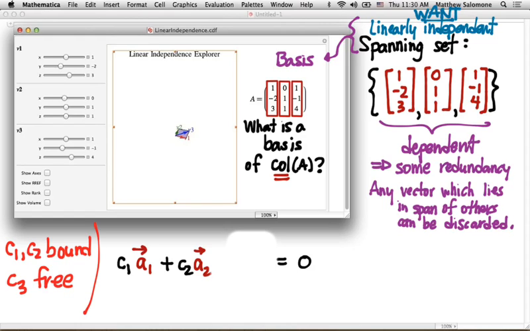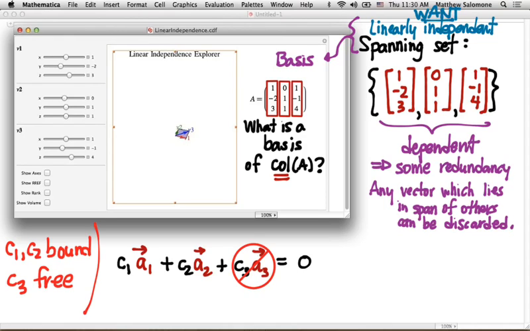So the point of finding a basis is we're going to take our columns, our vectors, and figure out which one of them corresponds to free variables and then just ditch the ones that corresponded to free variables. And once I've ditched all the free variables, now I'm going to have a unique solution to this system which gives us linear independence that we were looking for. Make sense?